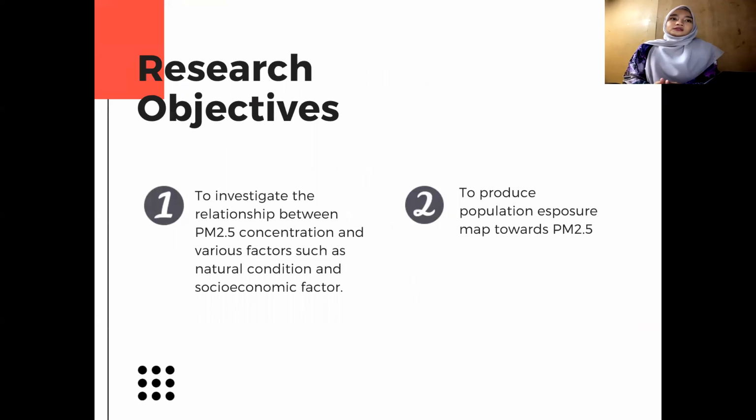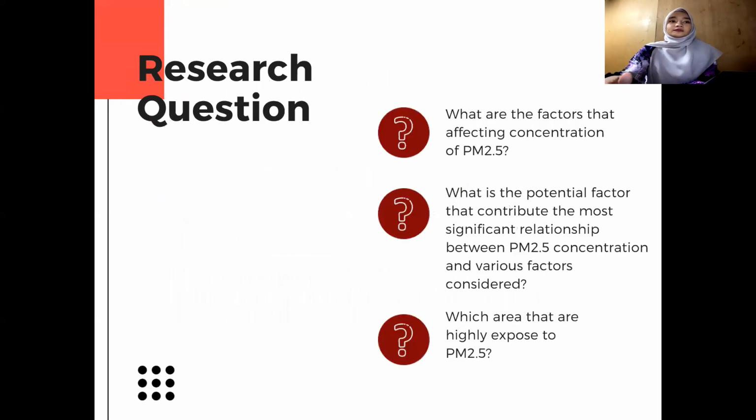So for the research objective, first is to investigate the relationship between particulate matter 2.5 concentration and various factors such as natural condition and socio-economic factor. Second is to produce a population exposure map toward particulate matter 2.5.